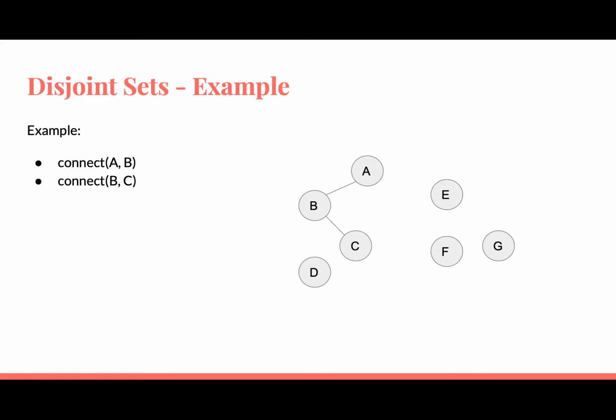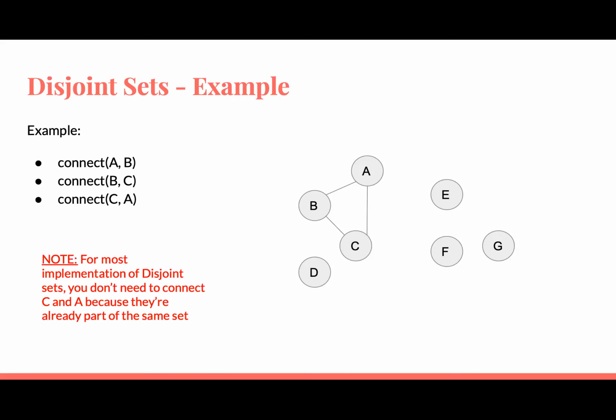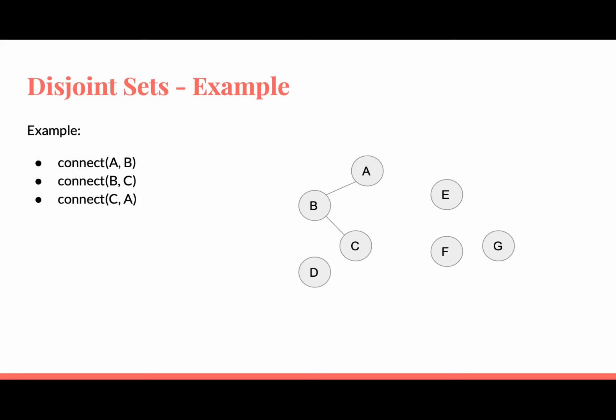We'll put C into the set with A and B. Following up, C and A. We could draw an edge between C and A, but C and A are already part of the same set. So for most implementations of disjoint sets, we don't need to connect C and A since they're already part of the same set, so we can just neglect this edge right here.